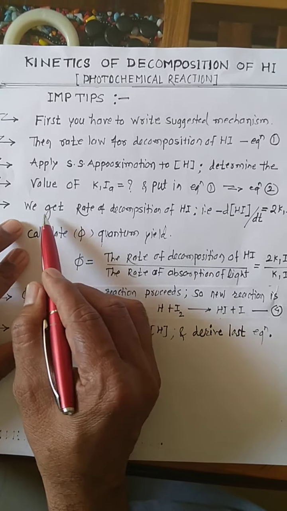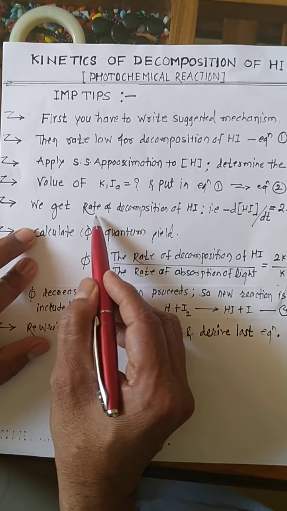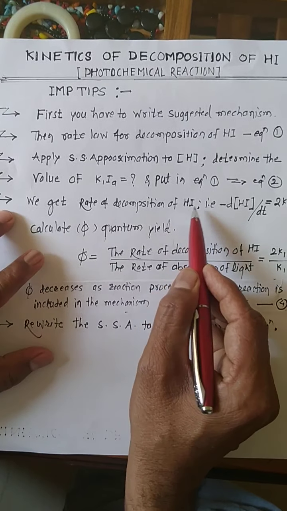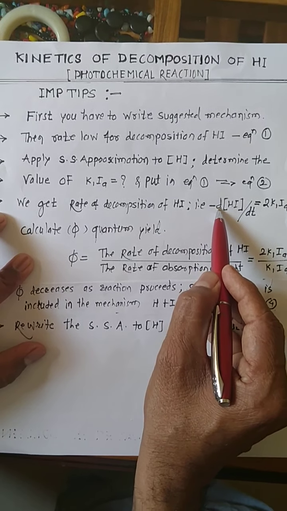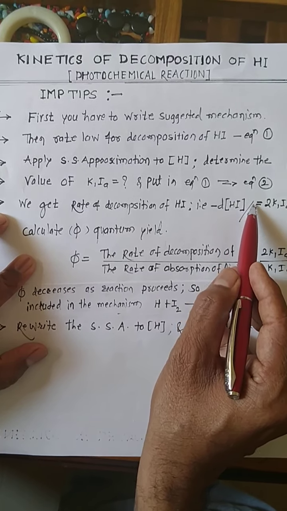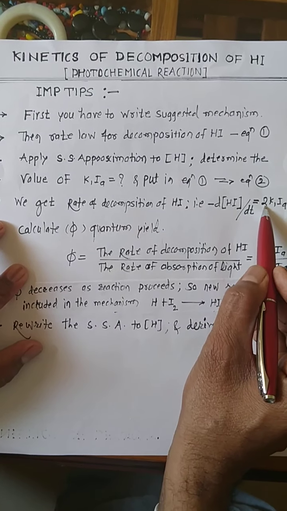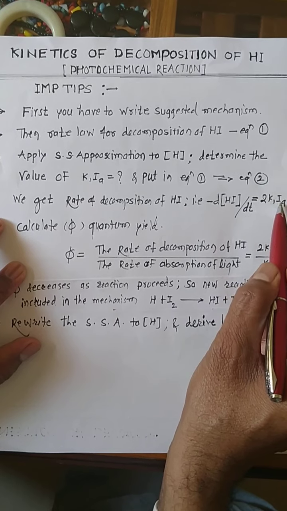Then we get the rate of decomposition of HI. This rate, minus d[HI]/dt, is equal to 2 K1 IA.